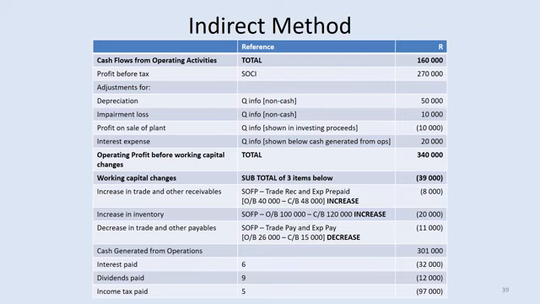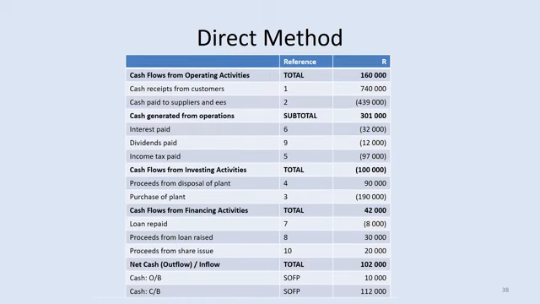Cash generated from operations, and then we deal with our interest paid, dividends paid, and income tax paid. As you can see, this cash generated from operations is 301,000 Rand. What is our cash generated from operations under the direct method? So 4th line, 301,000 Rand. So we can see that the cash generated from operations, despite which method we use, we are ultimately going to get the same figure.